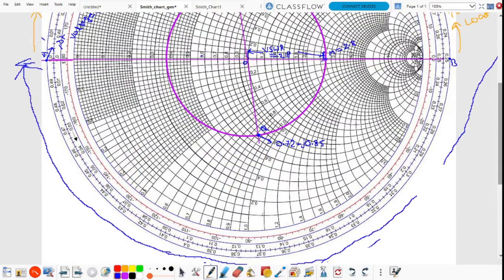This is the Y minimum, Y minimum is equal to 0.386 lambda.